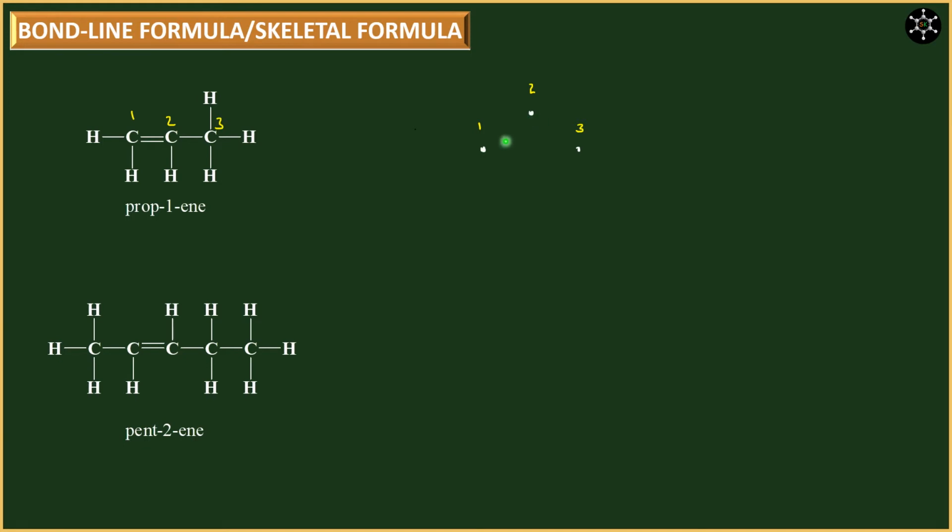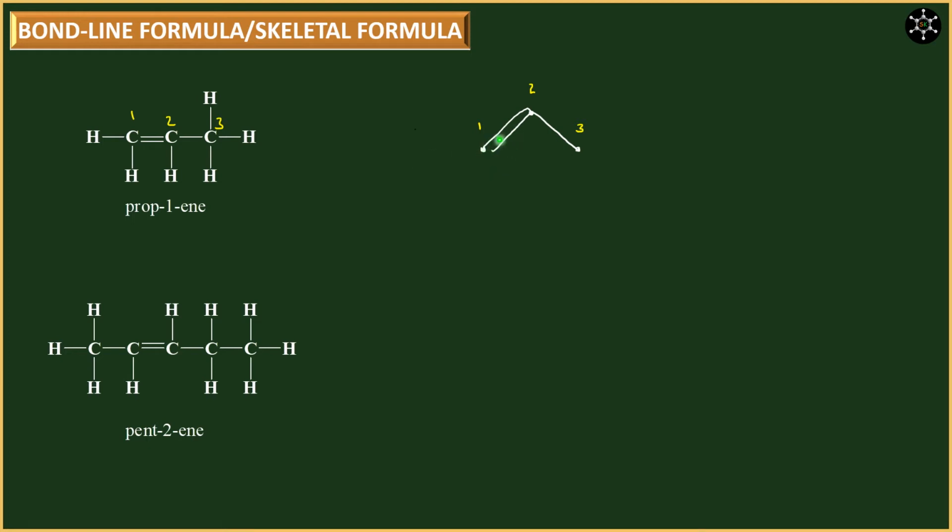So we have to put 2 lines between carbon atom 1 and 2. There exists a single bond between carbon atom 2 and 3. So there will be a single line between 2 and 3. Rest are hydrogen atoms.